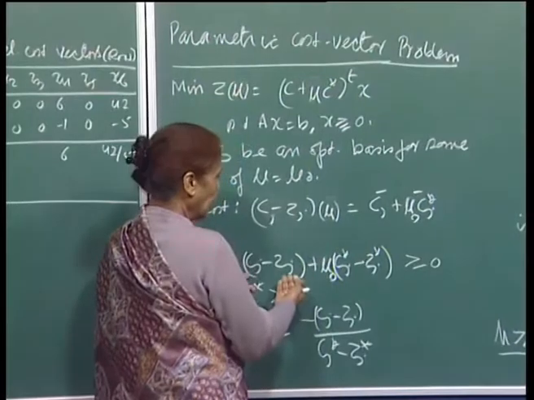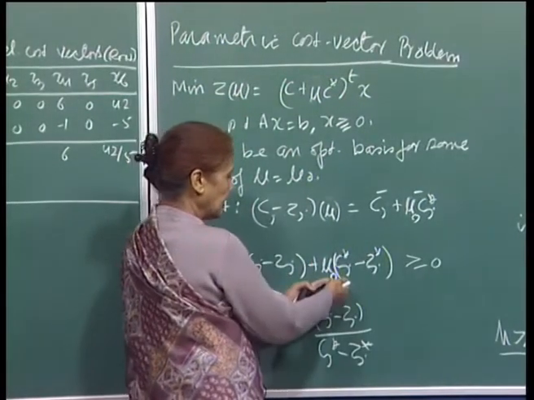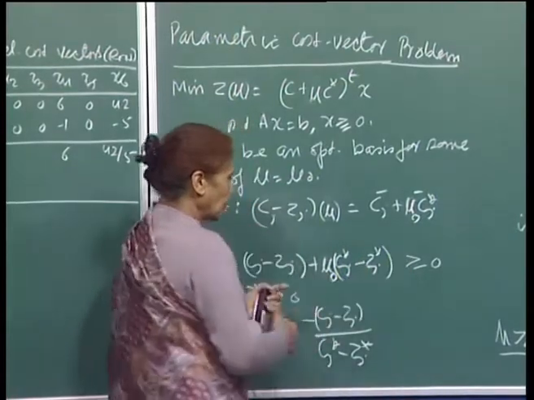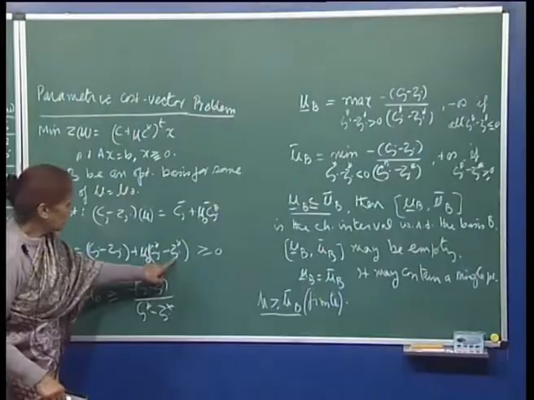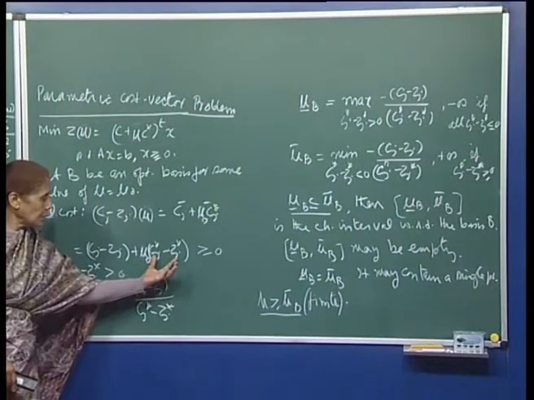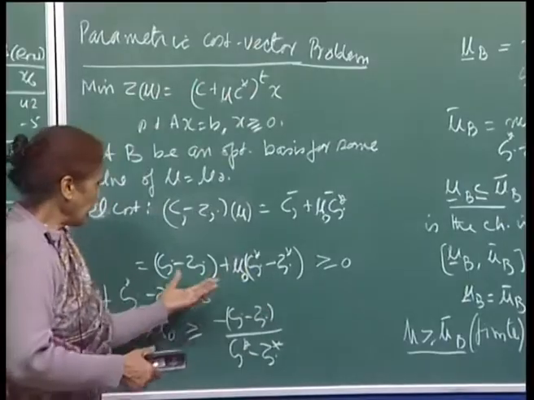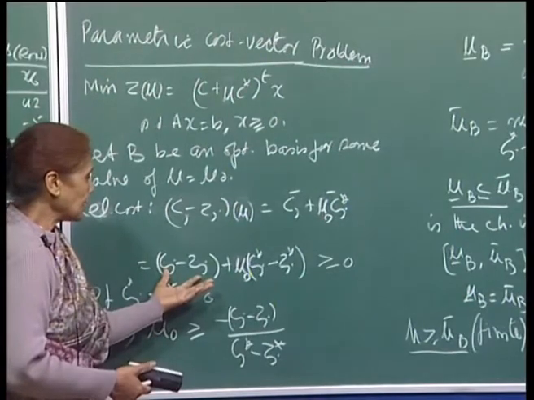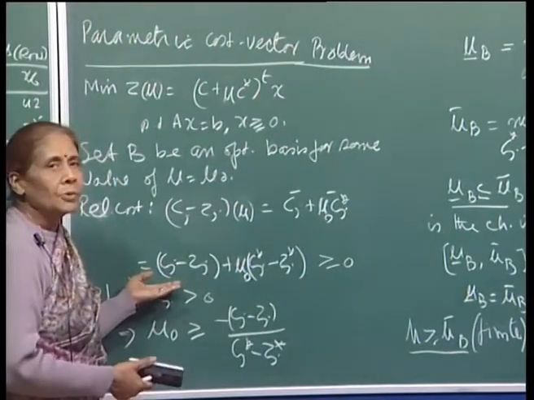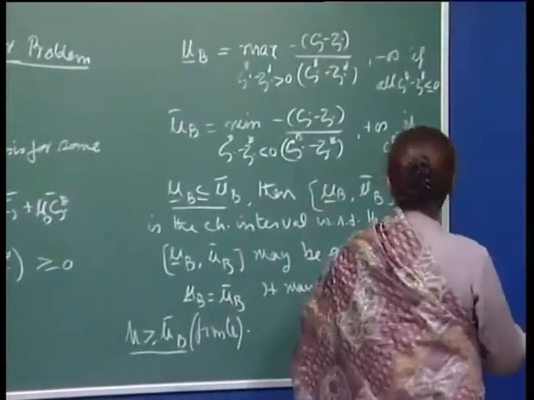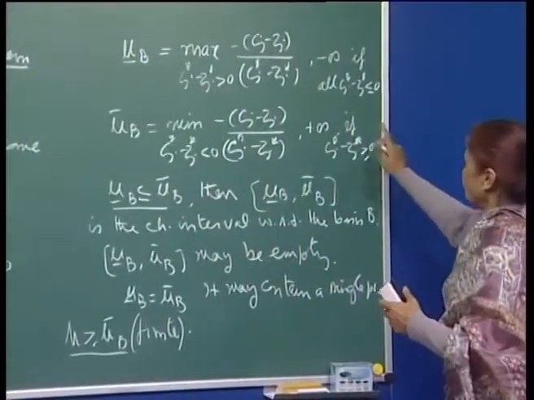No matter what the sign of Cj minus Zj is, if I take mu large enough, then this inequality will be satisfied, provided this is all greater than or equal to 0. So if all these are non-negative, then I can choose mu to be very large, and irrespective of the sign of Cj minus Zj, this inequality will continue to be satisfied. That means in that case the value of mu will go up to plus infinity if this condition holds, right. So this is important.